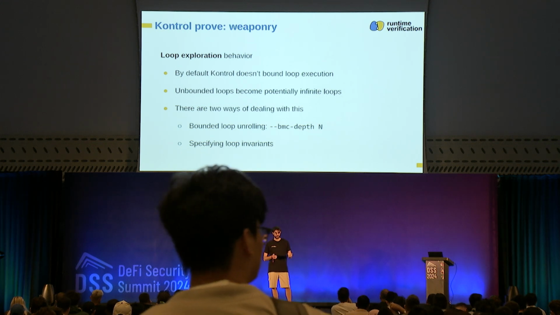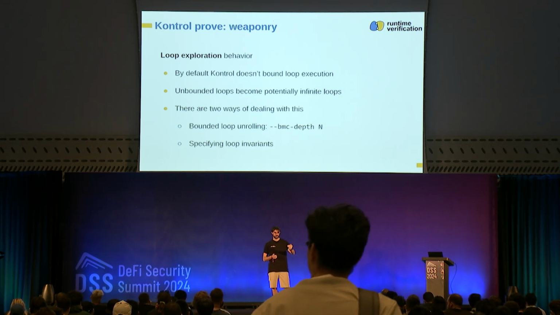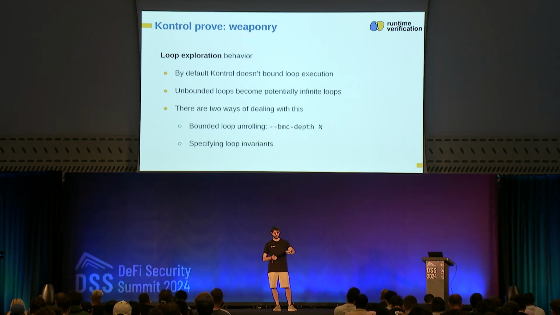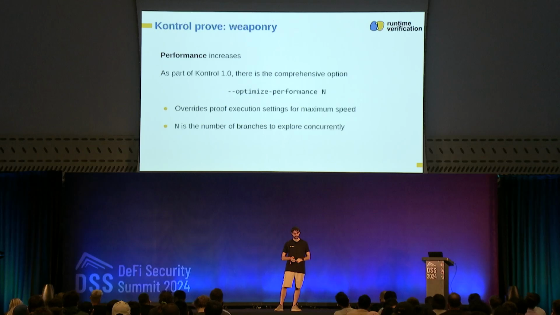And we can also specify loop invariants, which is the other way of tackling loops. Instead of just unrolling a finite number of times, you can specify the expected behavior of your loop, and then Kontrol will take that into account. And as per Kontrol 1.0, which we released some months ago, we also have this optimized performance flag, which will just make things faster, and you don't have to tweak some parameters yourself.